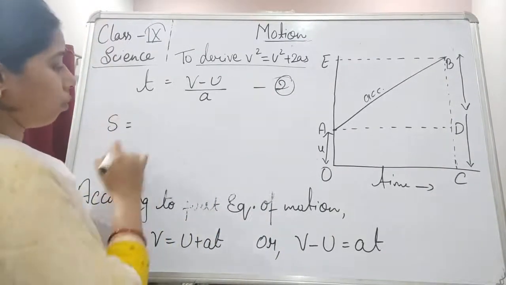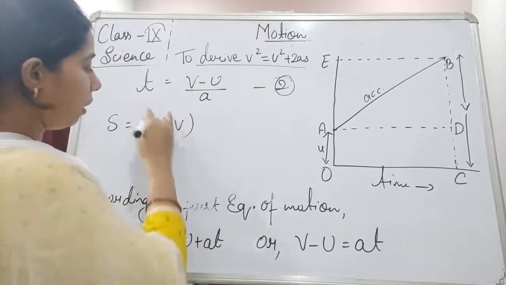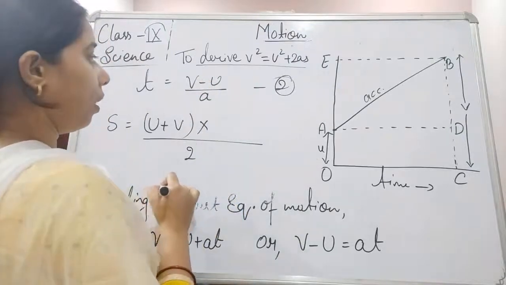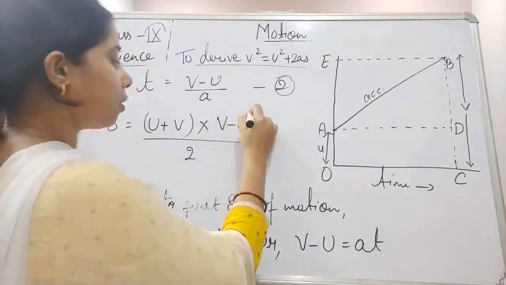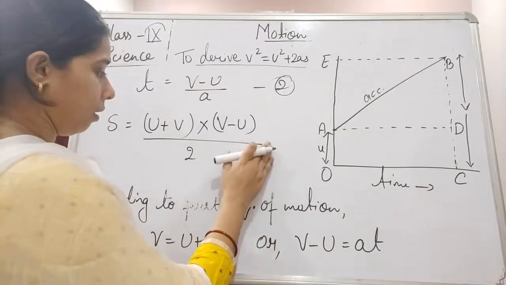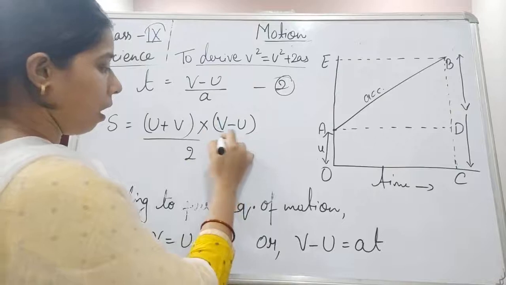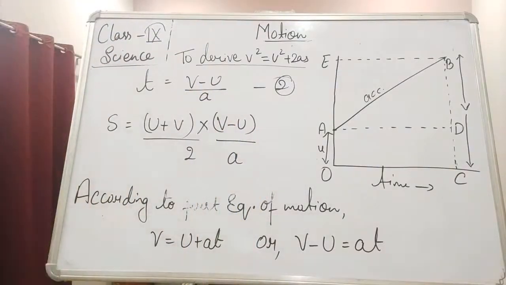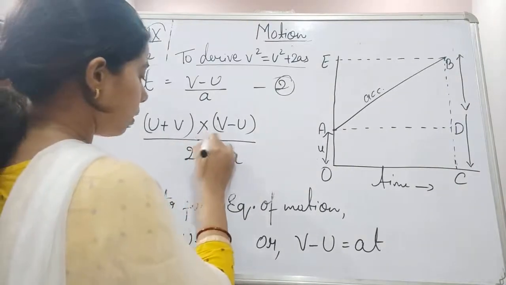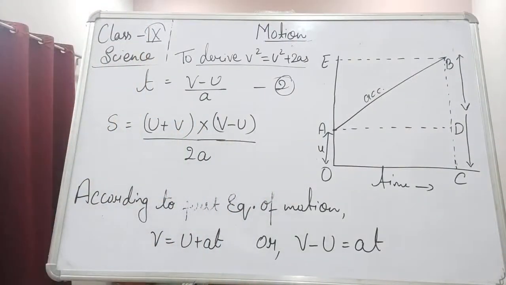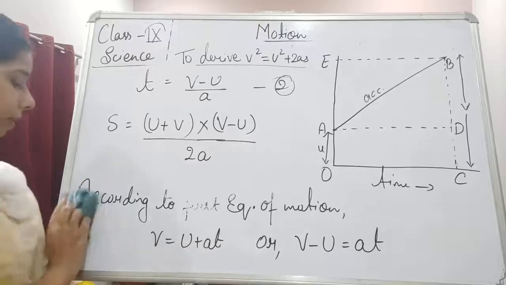S is equal to u plus v upon 2 into t, and t is v minus u upon a. Now this will be equal to 2a in the denominator.